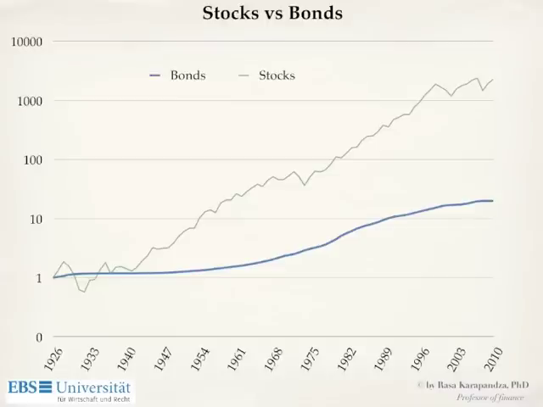And just adjust that to inflation. You would earn probably nothing. Now, if you invested $1 in 1926 into stocks, you would end up with more than $2,000, which is a big difference. And why are stocks paying so much more? Because they are more risky. We see they jump up and down a lot, and we don't like that.